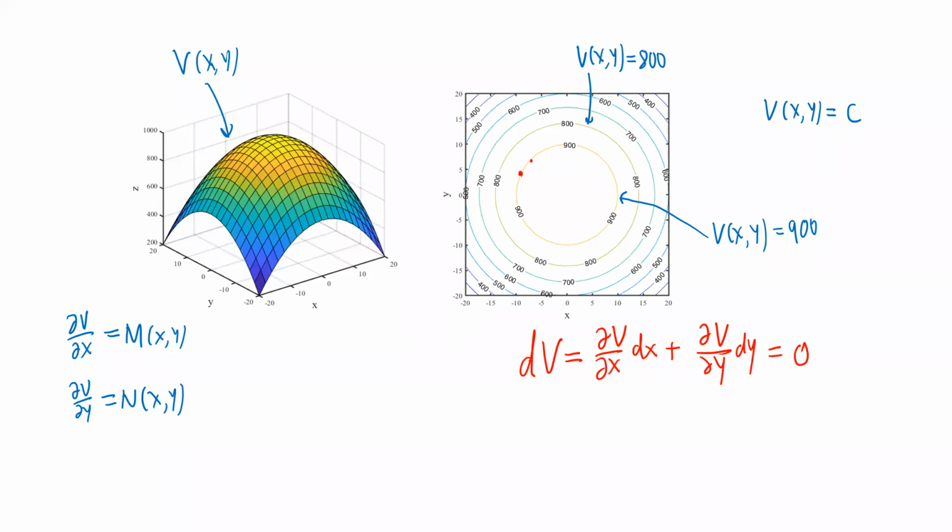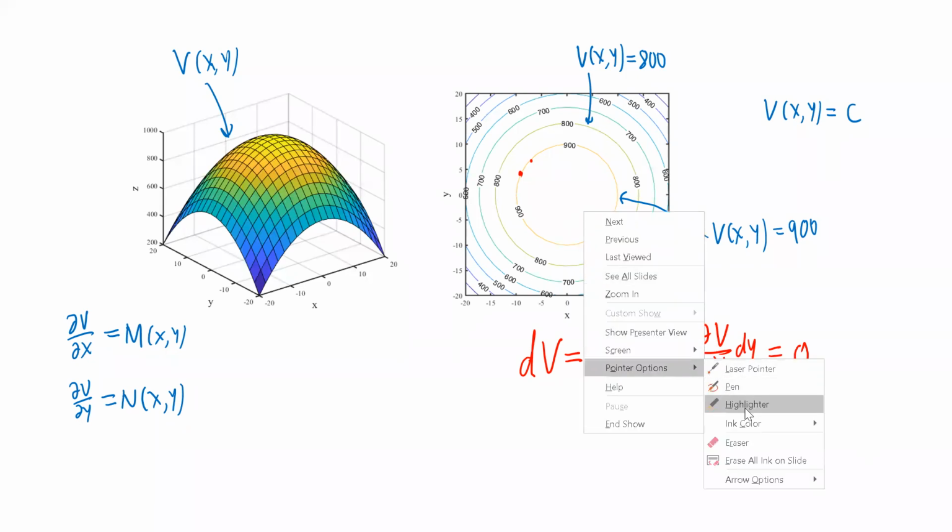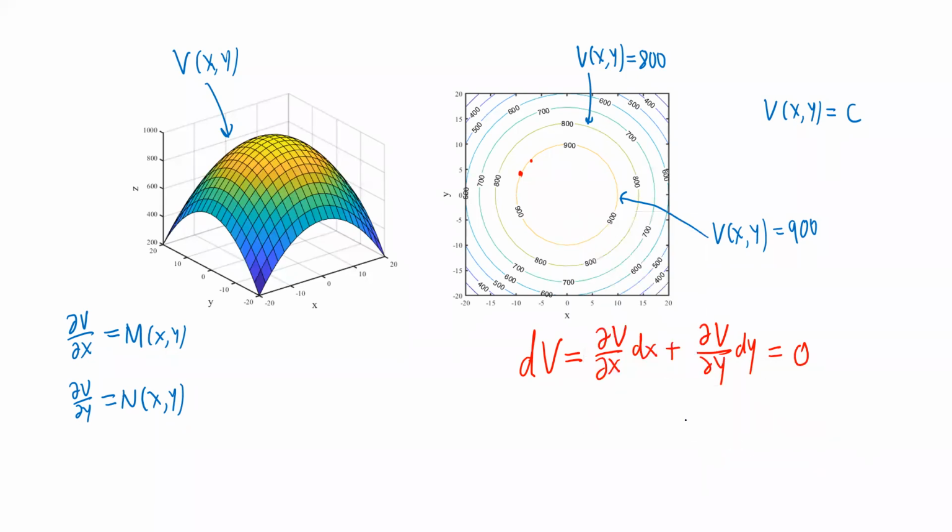But the condition is that when you pick your dx and dy, you need to be careful. For example, this one as your dx and this as your dy.